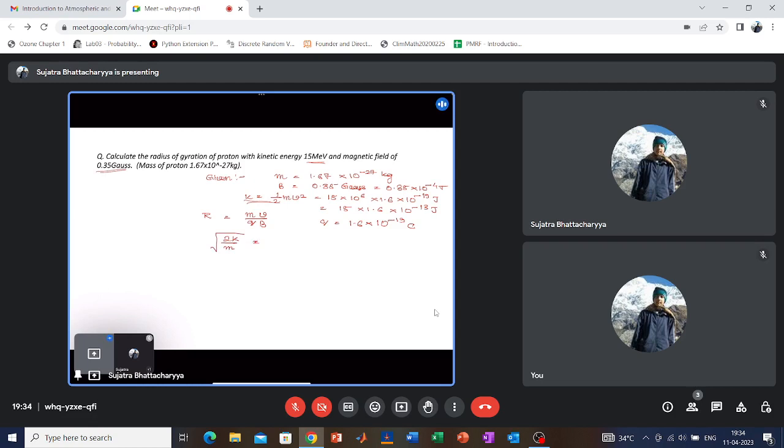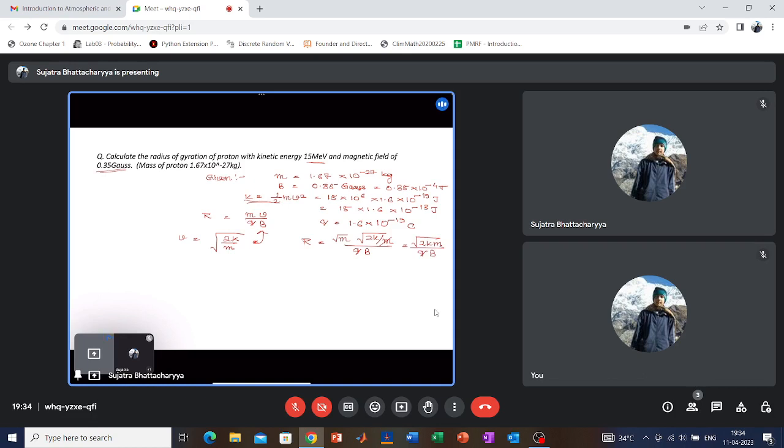So now if I put this expression into R, we get R is equal to m root 2K by m divided by qB. So this m and root m will cancel out, so it becomes root 2Km divided by qB.